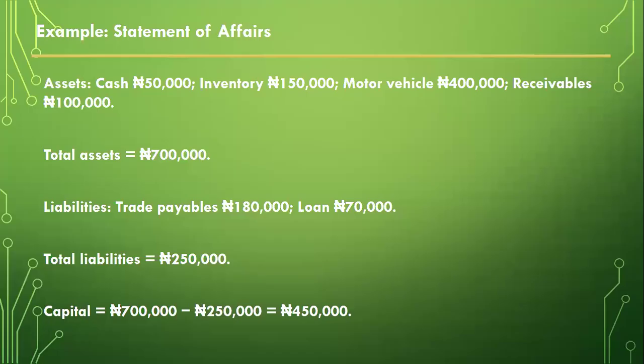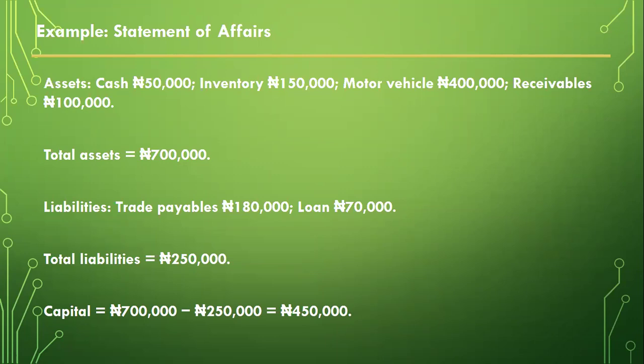Sorry about the break in transmission. So in a situation whereby you have your assets, you have your inventory, your motor vehicle, your receivables. This is just an example to buttress what I am saying.